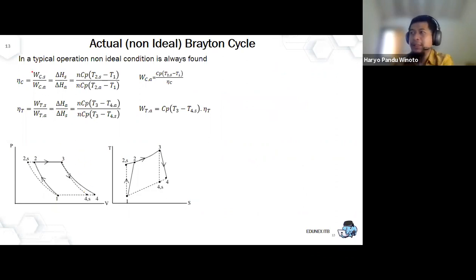Now you can see here, compressor efficiency can be described as the work of the compressor at the isentropic one divided by work actual.